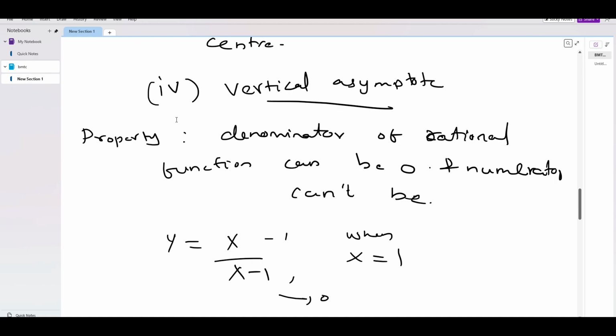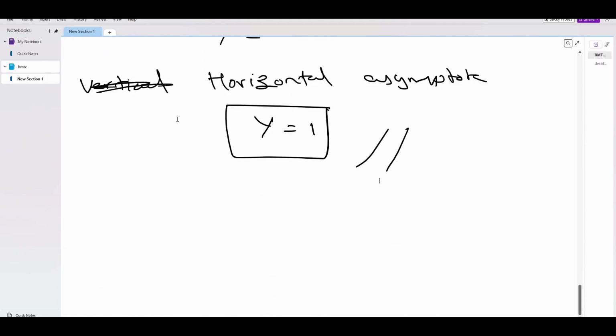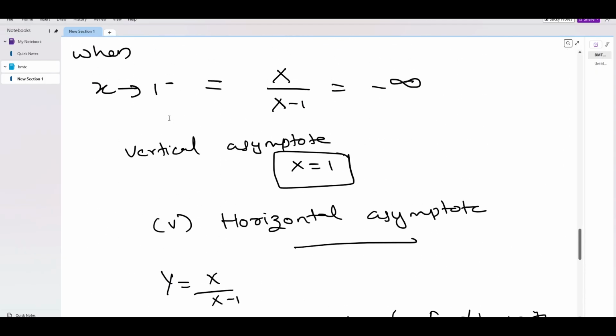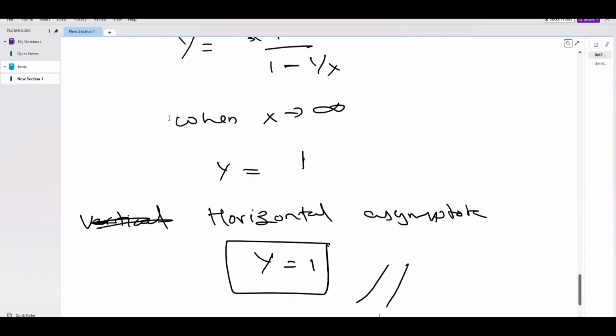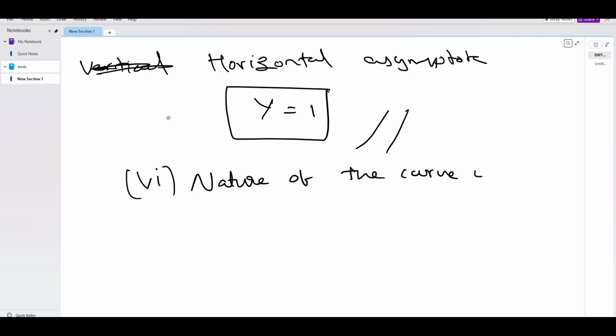So the next one is nature of the curve using derivative.